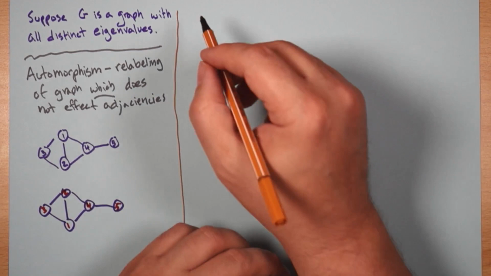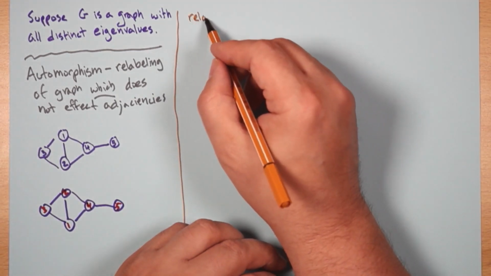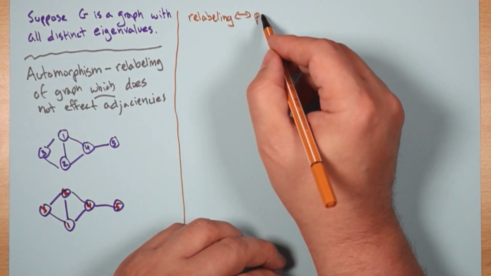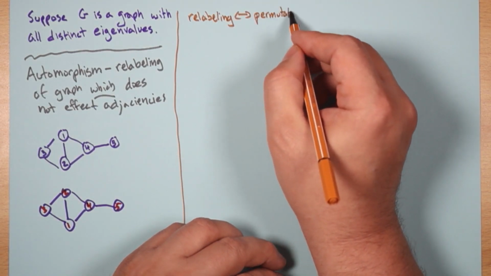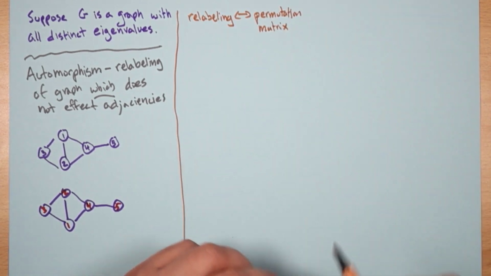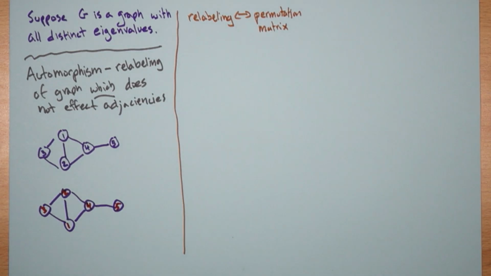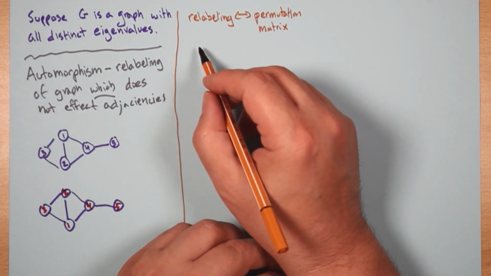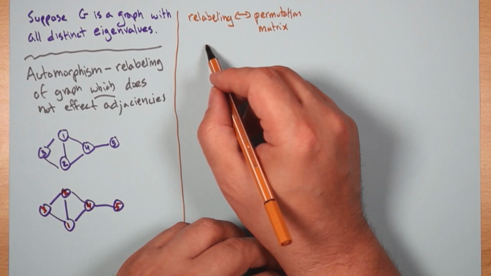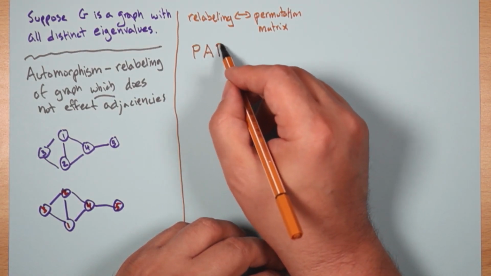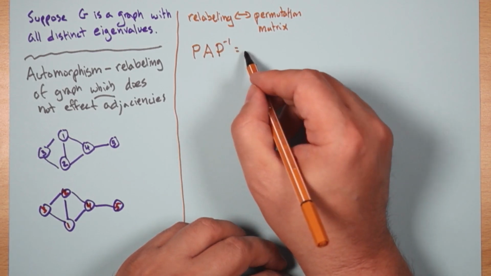So a relabeling corresponds to a permutation matrix that we can apply. We've mentioned before how the graph is resilient to relabeling, right? In other words, if you relabel your graph, your eigenvalues are unchanged. And so a relabeling here corresponds to some permutation matrix P, with P A P inverse equals A.